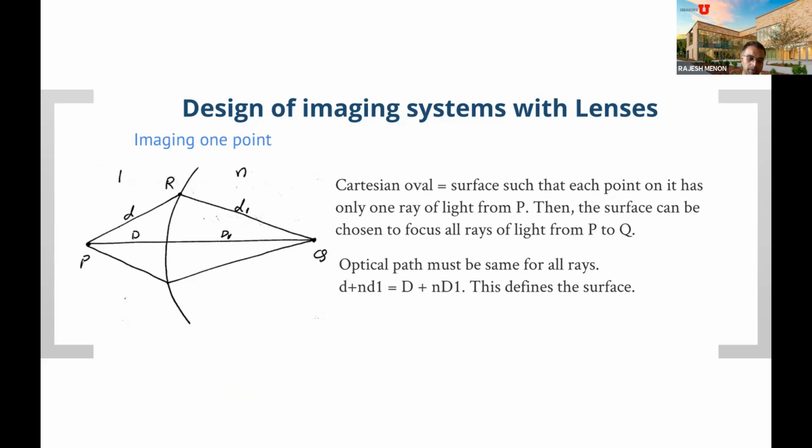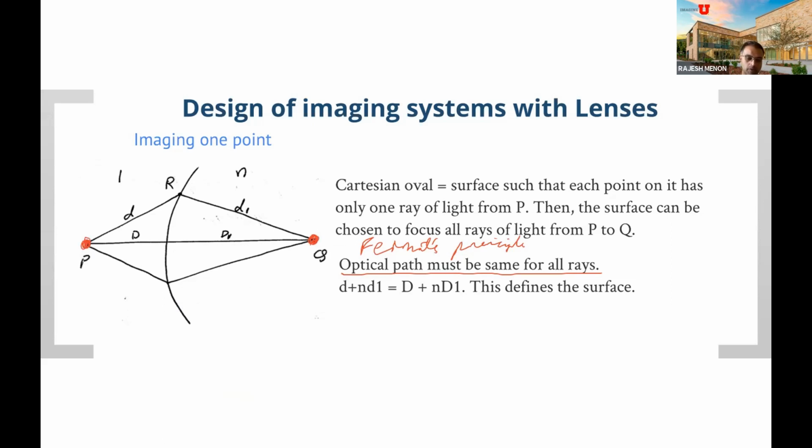So what Fermat's principle says, again, is that the optical path must be the same for all the rays. Any photons that leave this point will reach this point at the same time. The time delay from this point to this point has to be the same.